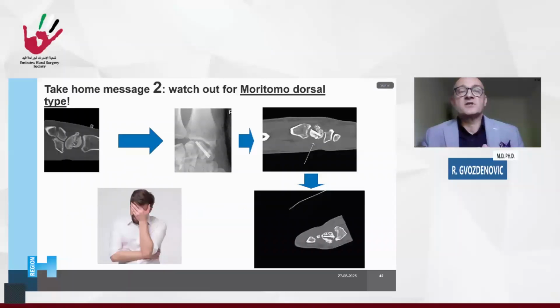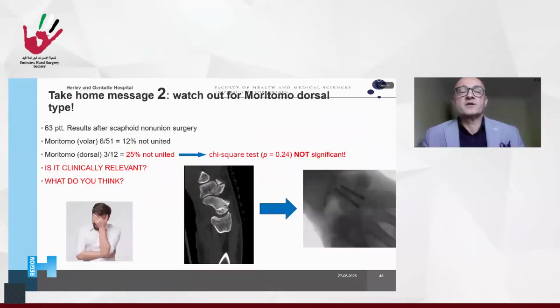And take-home message 2 will be to watch out for this Moritomo dorsal type, which is more dangerous. If the fracture ends proximal to the dorsal ridge of the scaphoid, then no matter how good you are at doing surgery and how good your cortical graft or whatever type of graft you use, it can end as a disappointment both for the surgeon and for the patient.